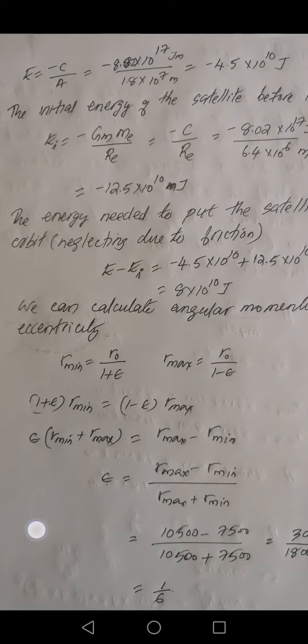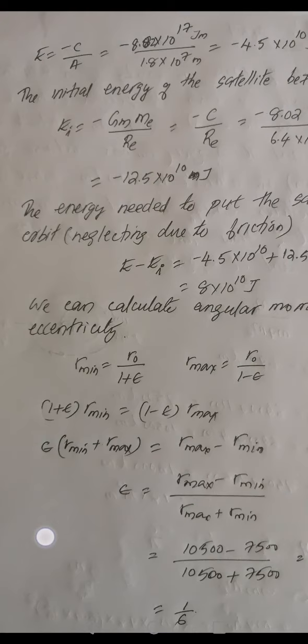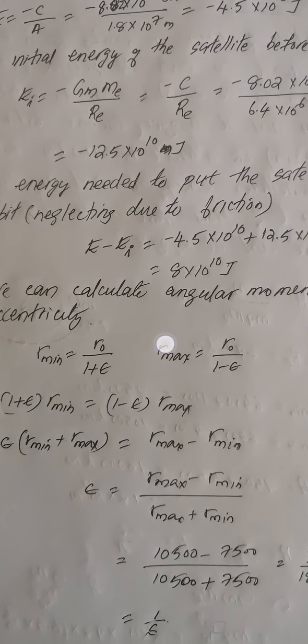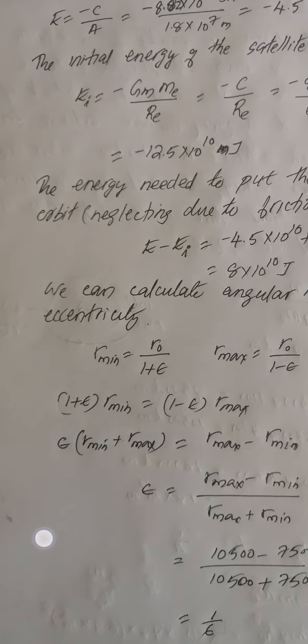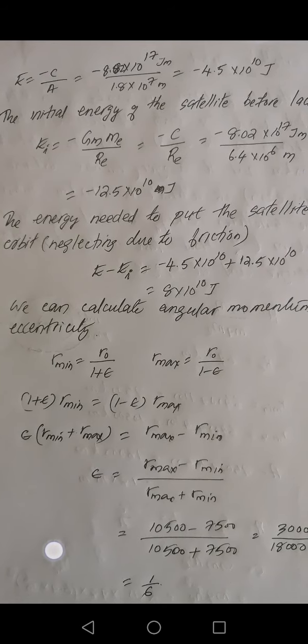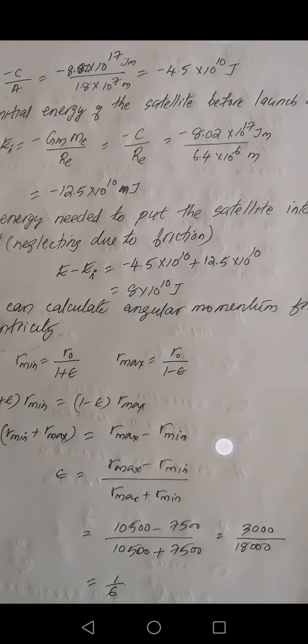Therefore 1 plus epsilon R minimum is equal to 1 minus epsilon R max, or rearranging, epsilon into R minimum plus R max is equal to R max minus R minimum. That is only rearranging. So from that you will get epsilon is equal to R max minus R minimum divided by R max plus R minimum. That's the value of eccentricity.